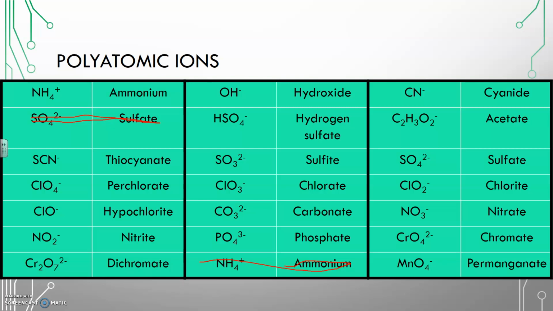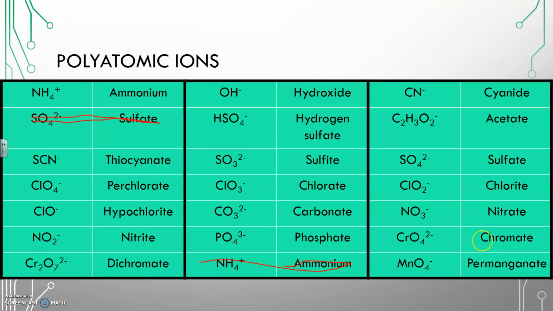That is part of the memorization here. But if you can remember that hypochlorite is the fewest number of oxygens, then you add 1 oxygen and you have the ite, and then you add another and you have the ate, and then you add another and it's per, and then ate.